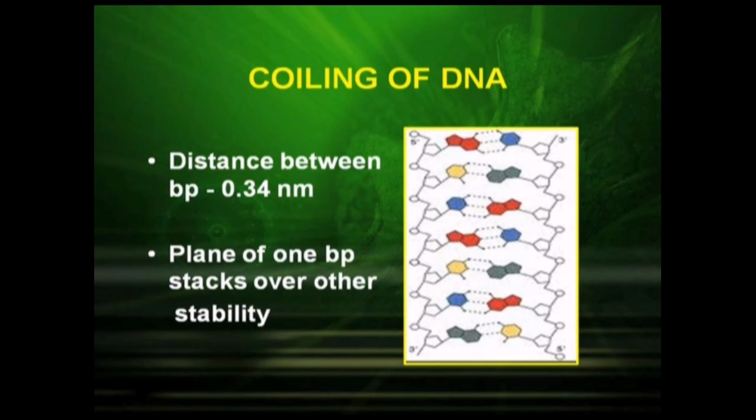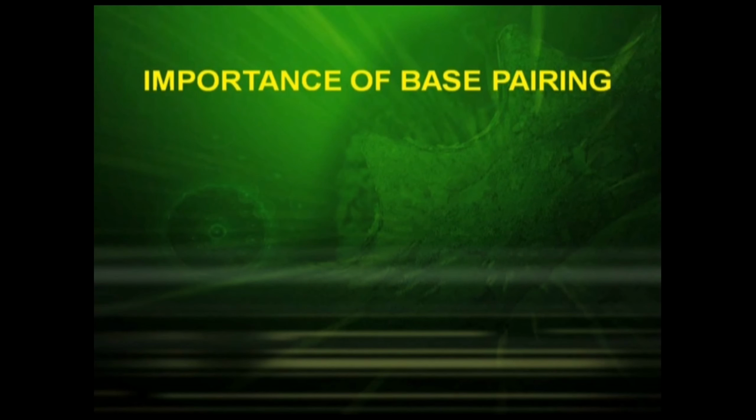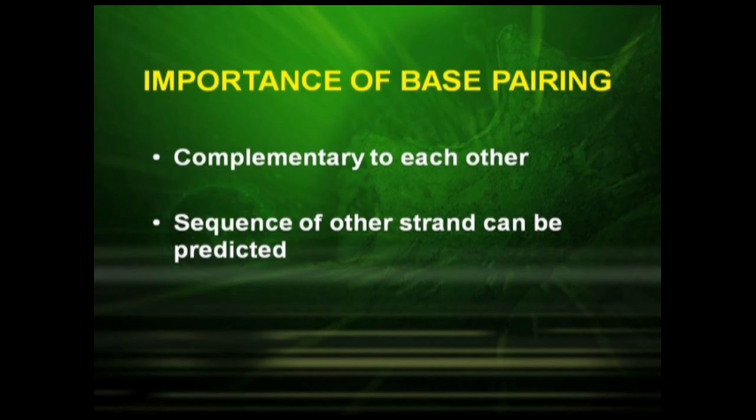Another important feature: let us study the importance of base pairing. Number one, it provides complementarity to each other. And second, it helps the sequence of the other strand to be predicted.